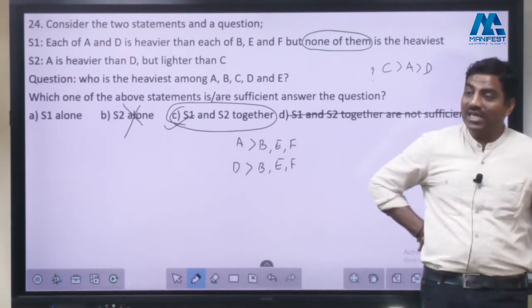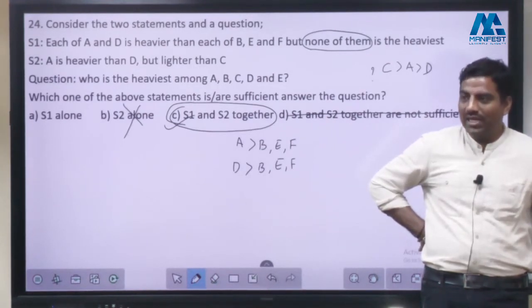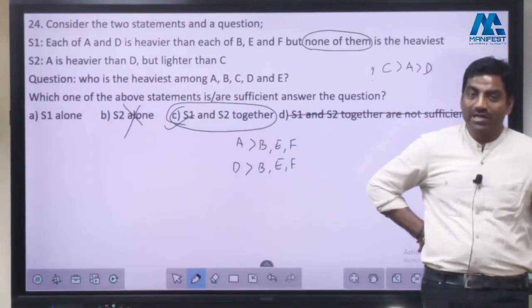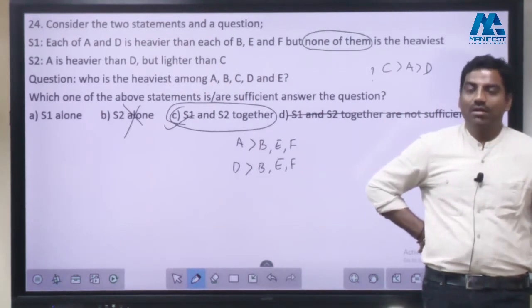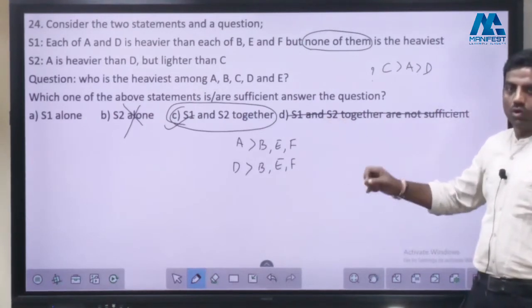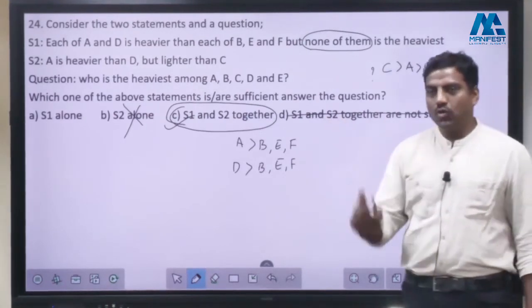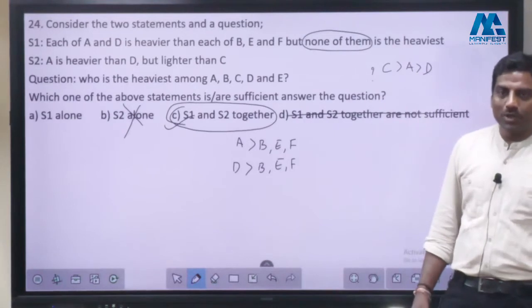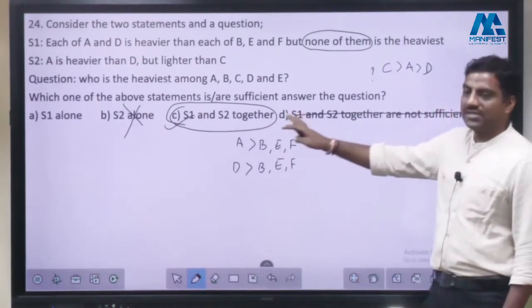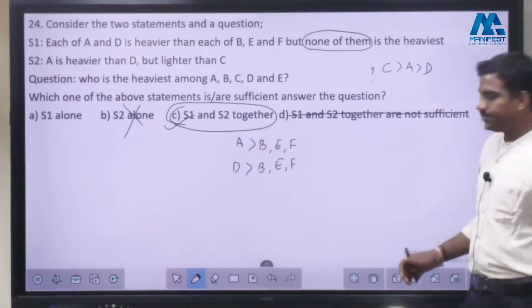If they had given C, then among A, B, C, D, E, we would have gone for C as the lightest. Chances were there. So let us hold on this. For now, we'll mark C as the answer. You also think upon it. I'll also think upon it, and we'll come to the conclusion. But as of now, C is the answer for me. Okay.